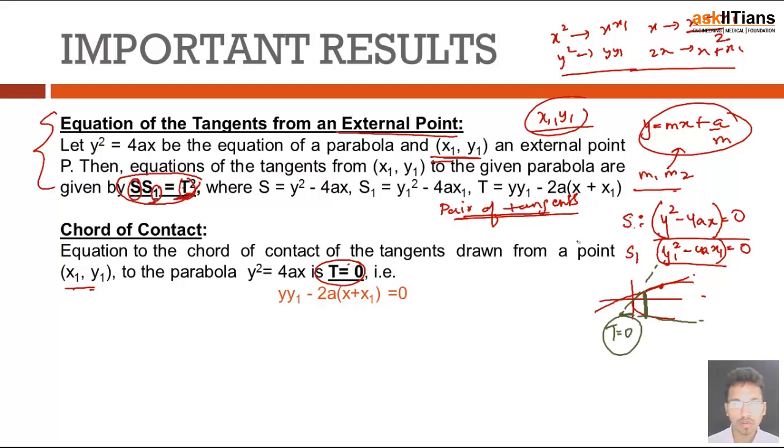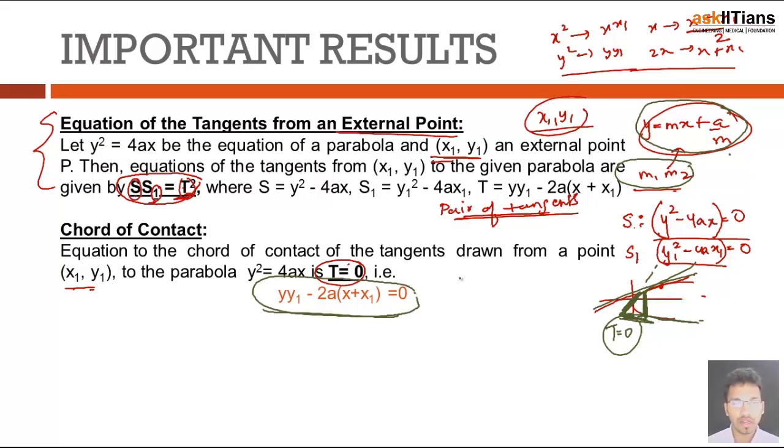You can again find y equal to mx plus a by m, and from there find m1 and m2, and solve it with the parabola. These two equations in green which I have made, solve them with the parabola, find the 2 points, and you will end up getting the same result.